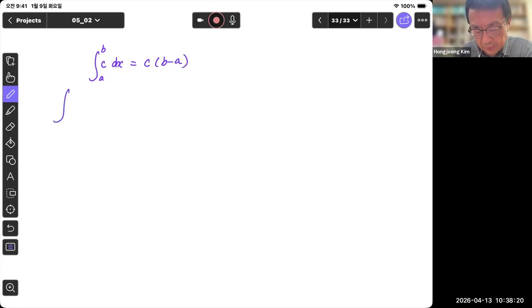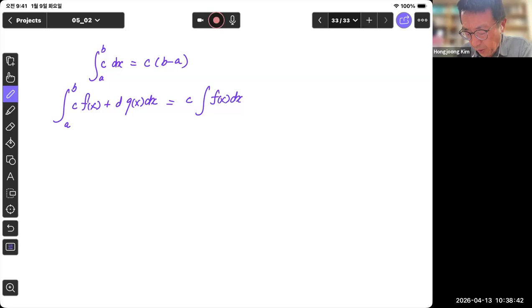If I have the integral of c times f of x plus d times g of x dx from a to b, that will be the same as c times the integral of f of x dx from a to b plus d times the integral of g of x dx from a to b. This second formula just generalizes properties 2, 3, and 4.